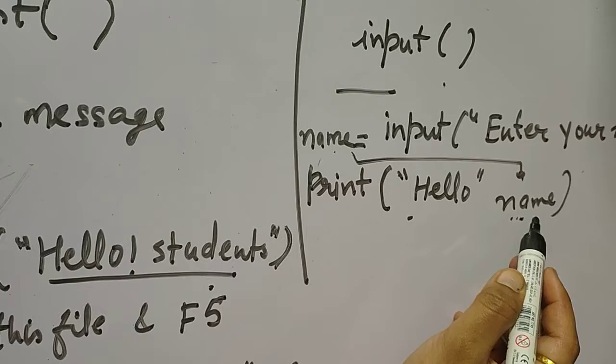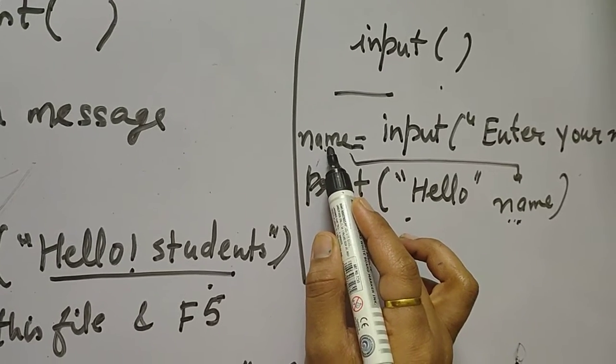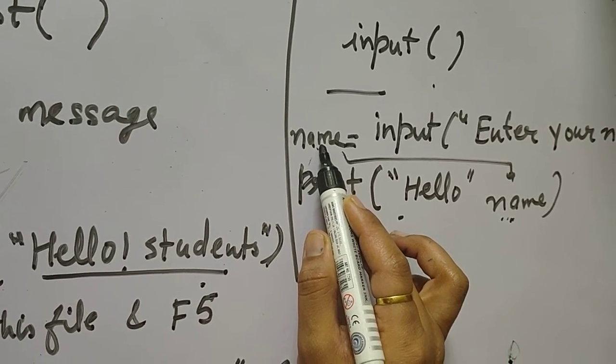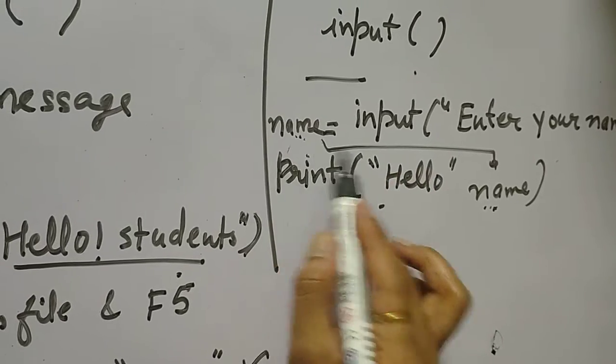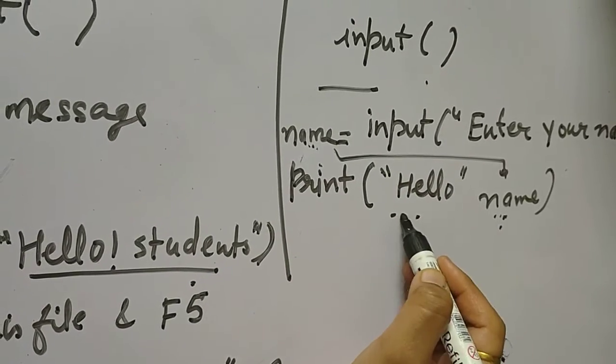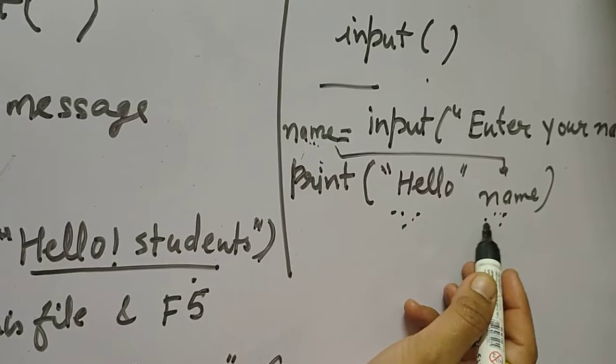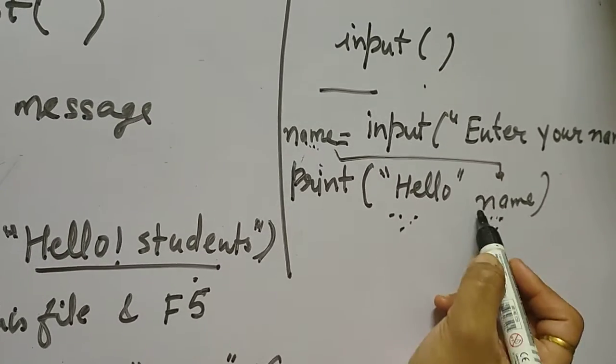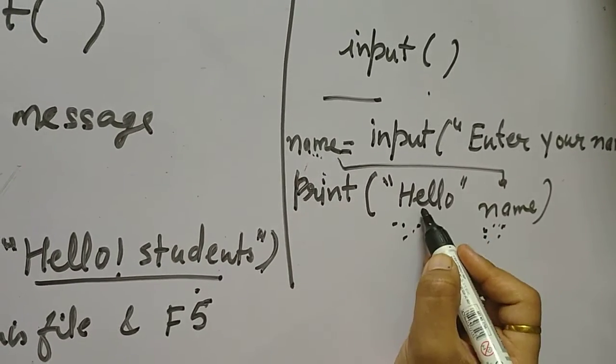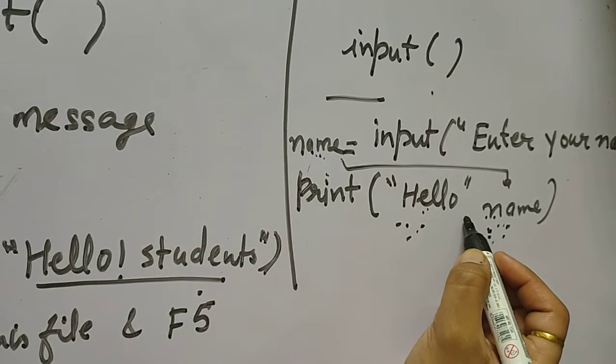The reason is that name will store a value; it is not a fixed one. The user will enter any name, let's say ABC, so hello ABC, hello Raghav, hello Ritu. It's a variable name, so don't enclose it in double quotes. Both of these things should be combined using a comma.